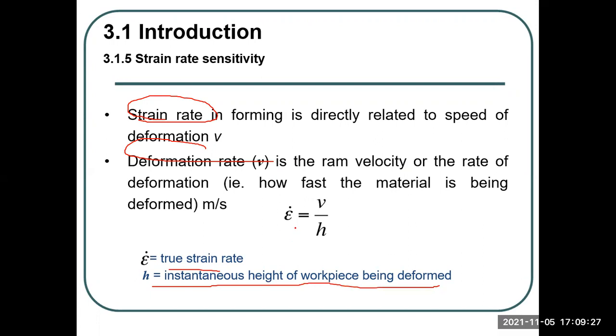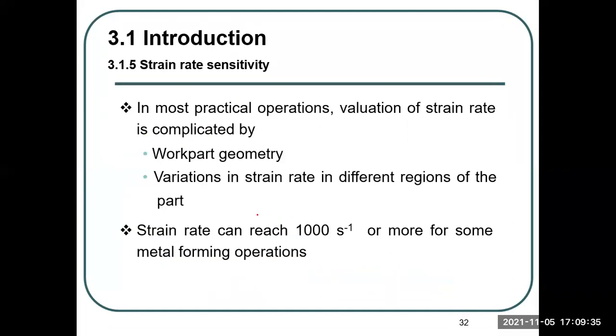As we said before, if you deform in a very fast way, you're going to increase the strains. In most practical operations, the strain rate is actually very complicated to determine, though for this case it's simple.